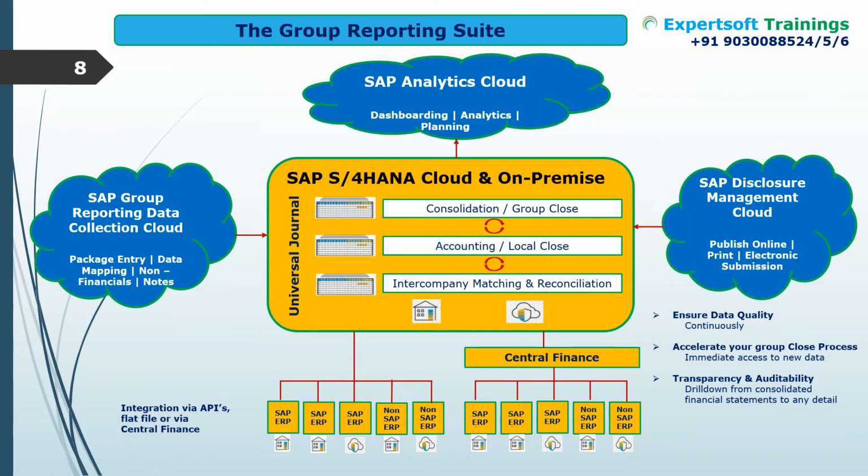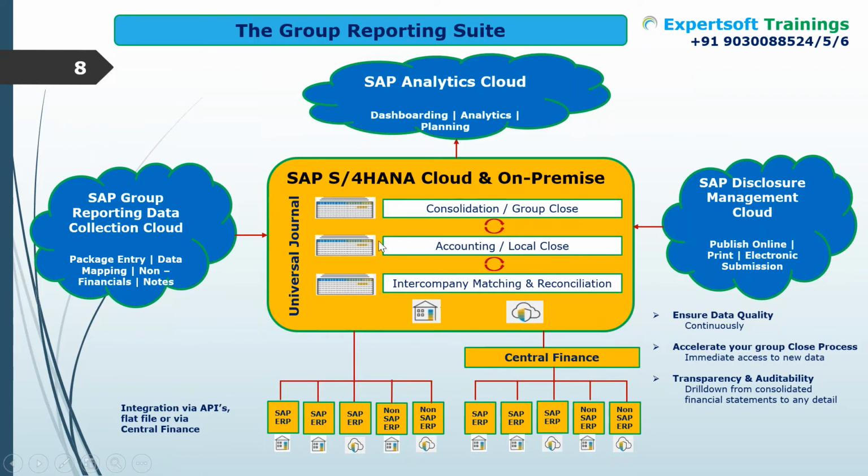Okay, and coming to the architecture, this slide is about the group reporting suite. If central finance has been implemented, which fetches the data from multiple SAP ERP systems or non-SAP systems also, then from central finance your accounting data finally comes to the same table, which is called AC Docu.